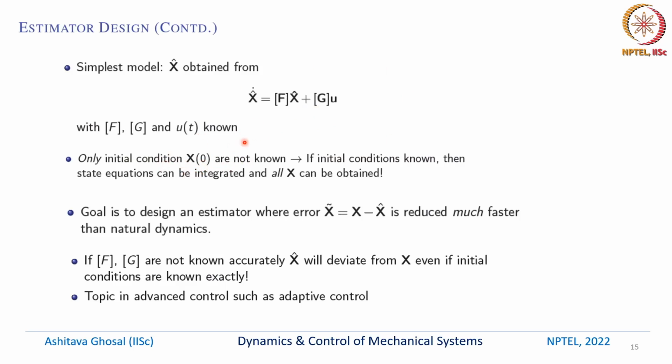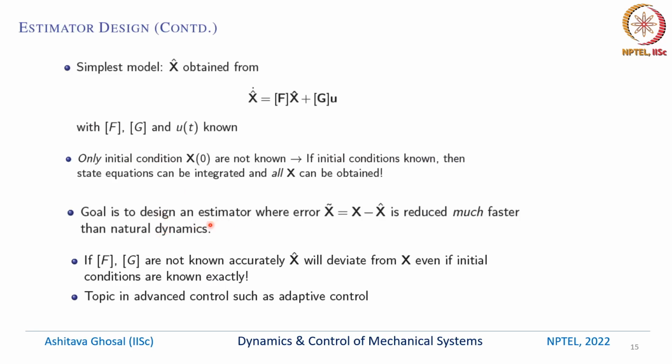If the initial conditions were known exactly, then the state equations x dot equals fx plus gu can be integrated, and all the x's can be obtained. But in this very simple estimator design which we are discussing, we do not know the initial conditions. We know everything else: exactly f, g and u of t.